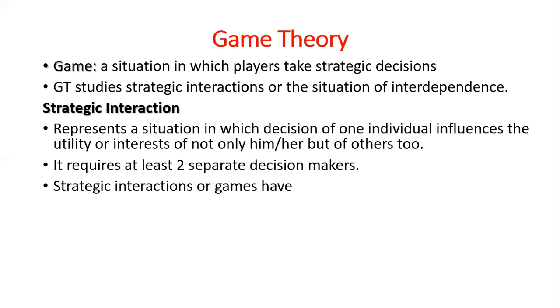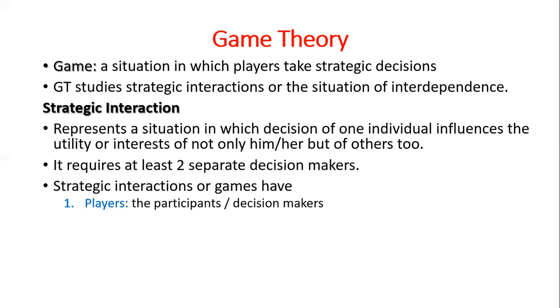There are some ingredients that make a game. These ingredients include, number one, players. The players are the participants or the decision makers. These could be a number of consumers, a certain number of producers, both consumers and producers, consumers and government, producers and government, government and government, and so on and so forth.